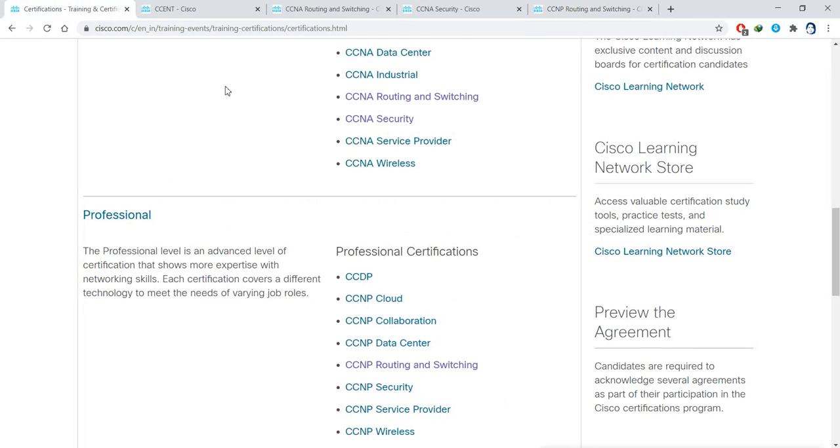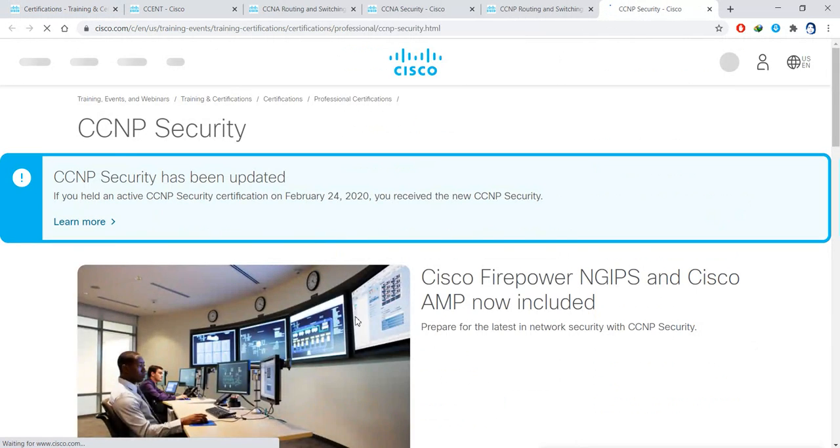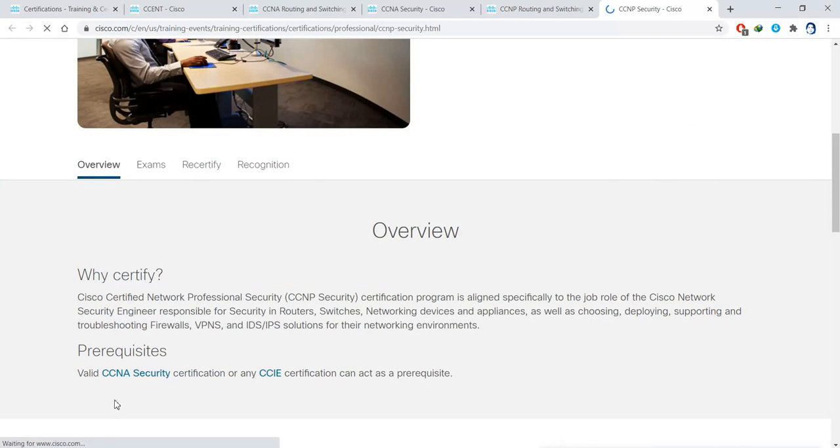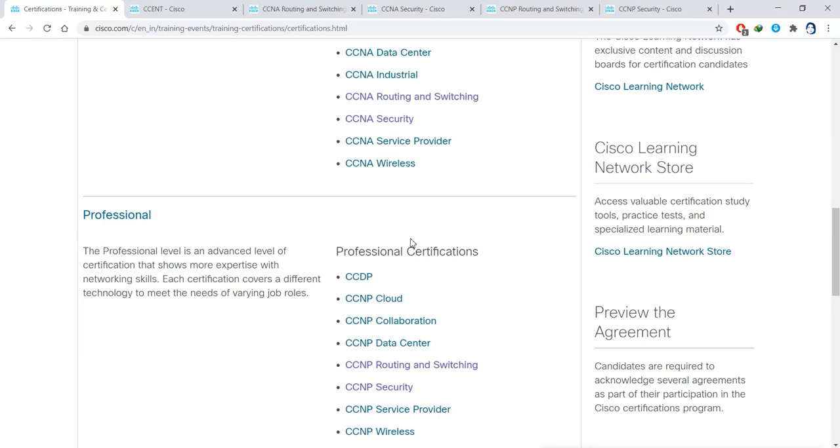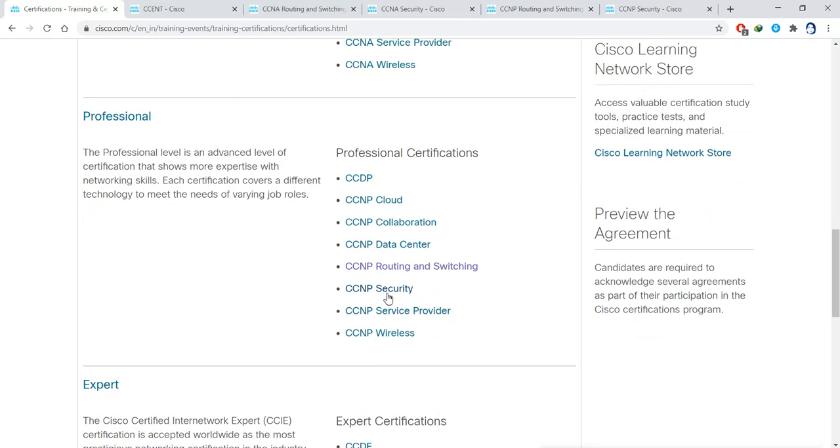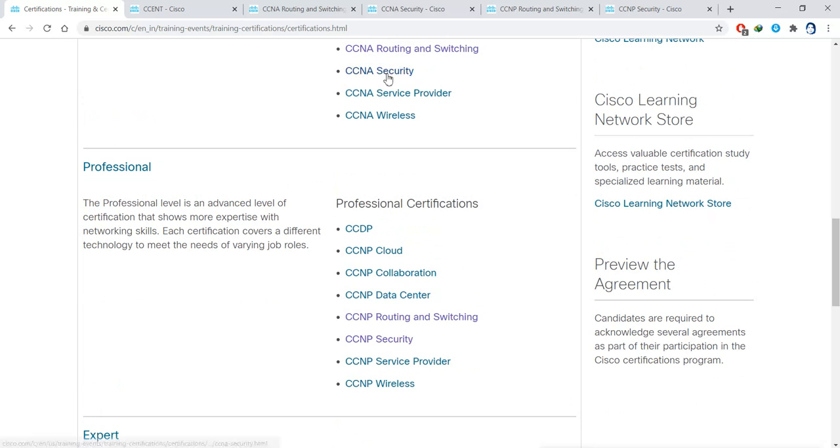But if I try to check CCNP Security, here it says that you have to do CCNA Security first, then you can do CCNP Security, because these ones are advanced versions, the advanced level of the CCNA level.